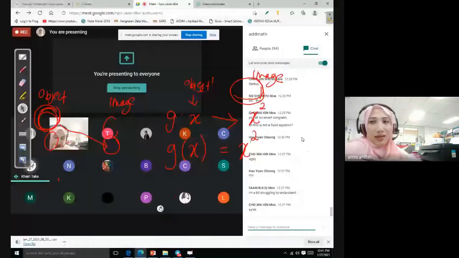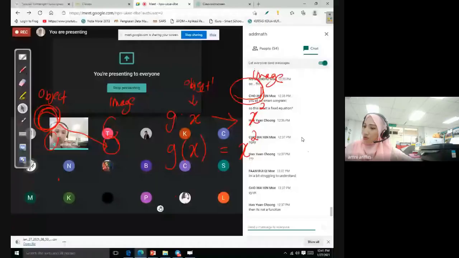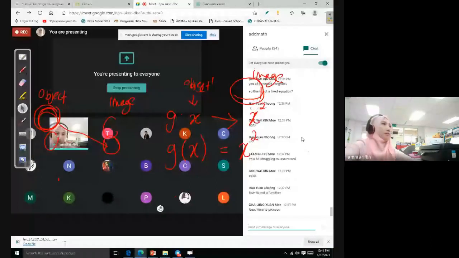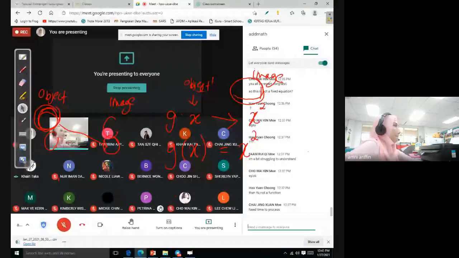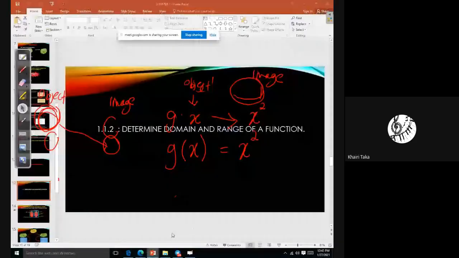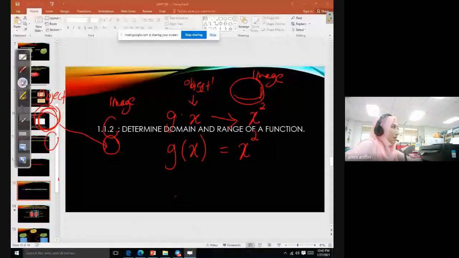Oh, tak ada. Dia tak akan ada soalan macam tu sebab dia kan one type lah. Sekejap kita tengok pada soalan yang lain. The power all same lah. Kejap kita tengok pada soalan yang lain. Sekejap, padam ini.